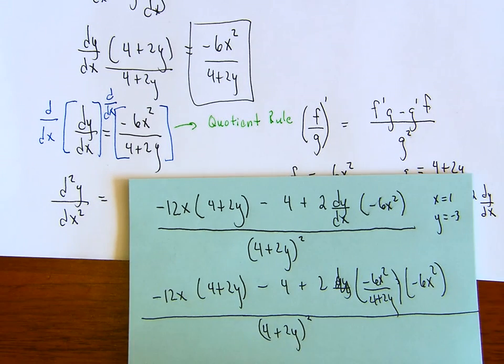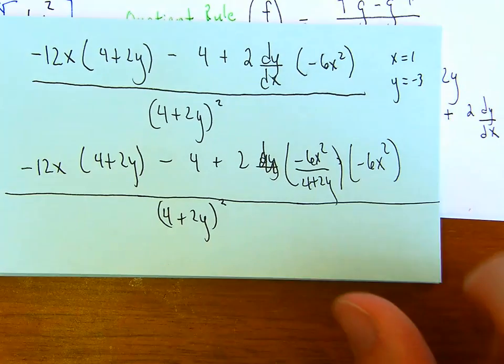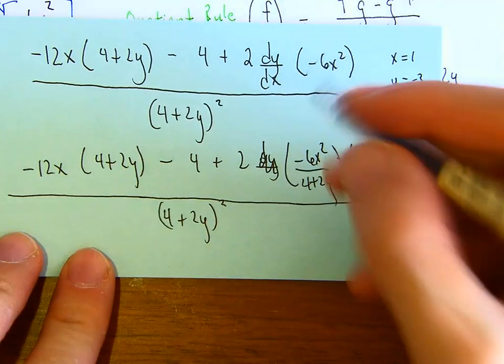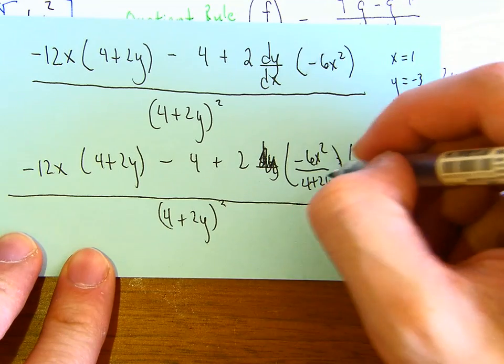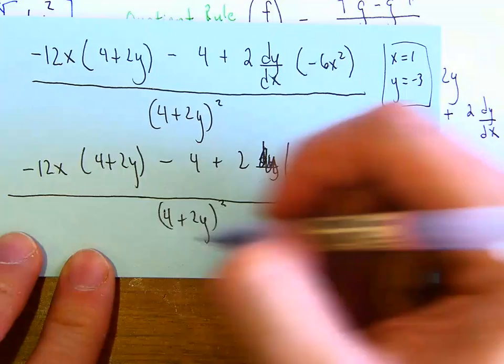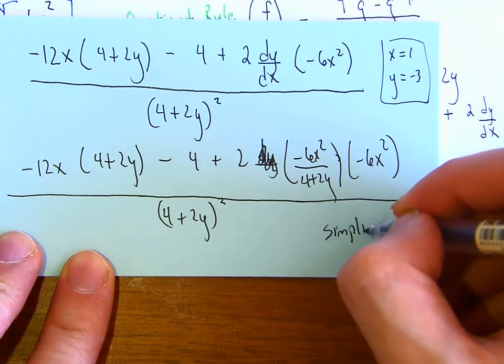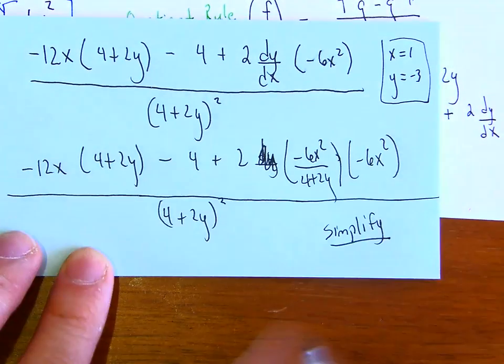So the idea is, once you have this over here, you have to plug in x equals 1 and y equals negative 3 into this whole entire thing, and then simplify it. And that'll be your solution.